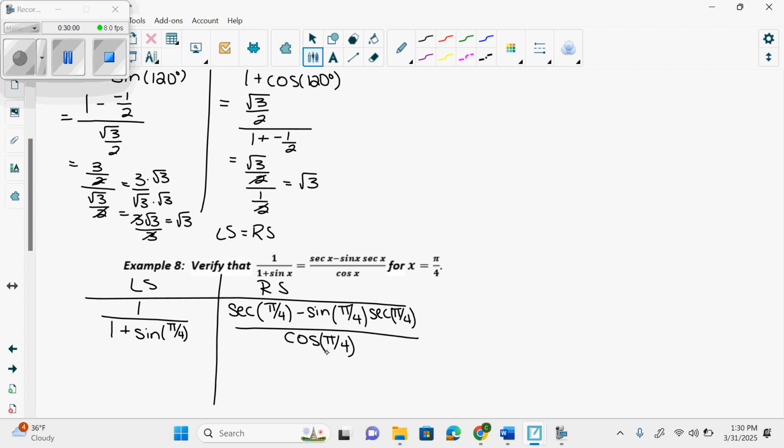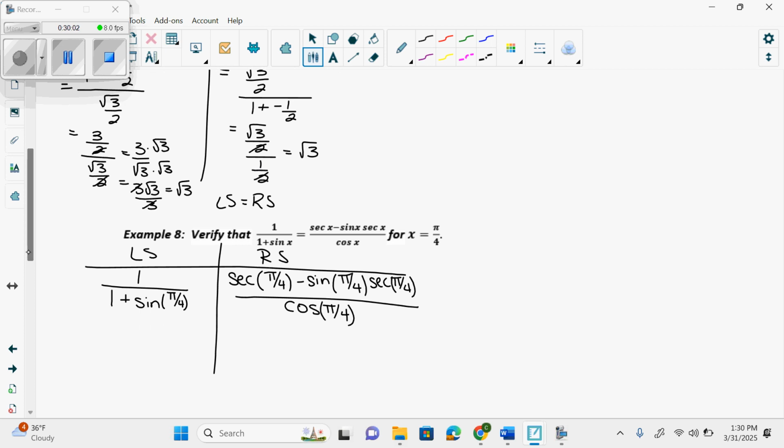So sine and cos of pi over 4 are root 2 over 2. Secant of pi over 4 equals 2 over root 2, because it's the flip, equals 2 root 2 over 2, which is root 2.